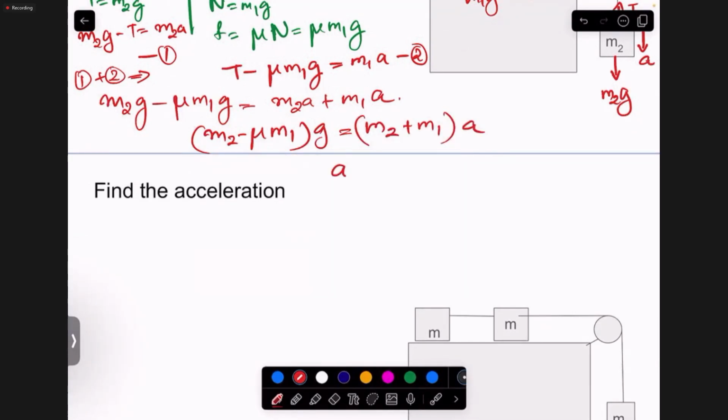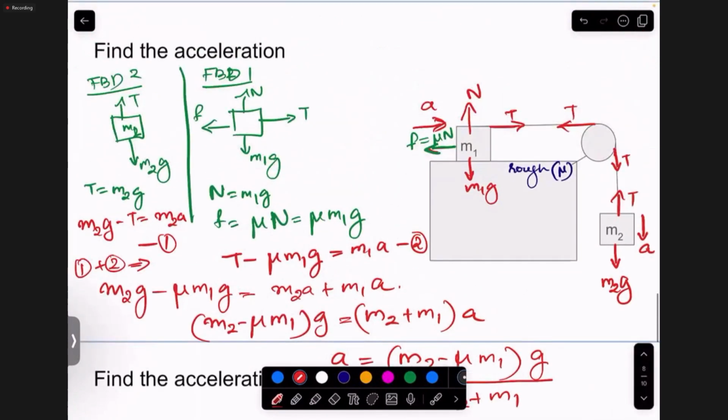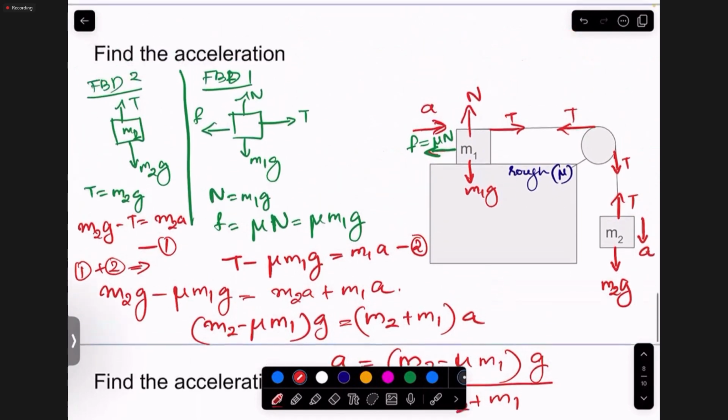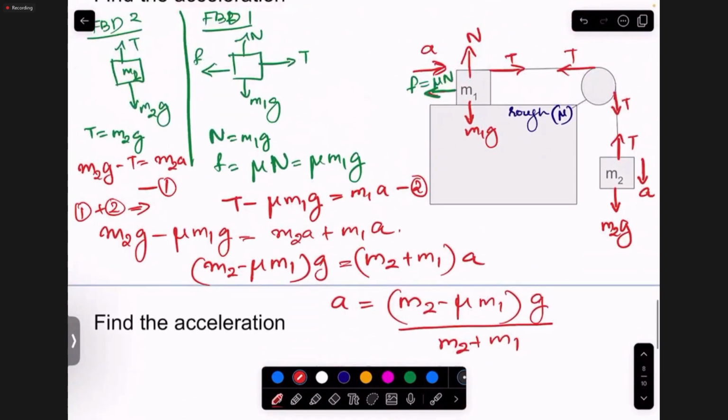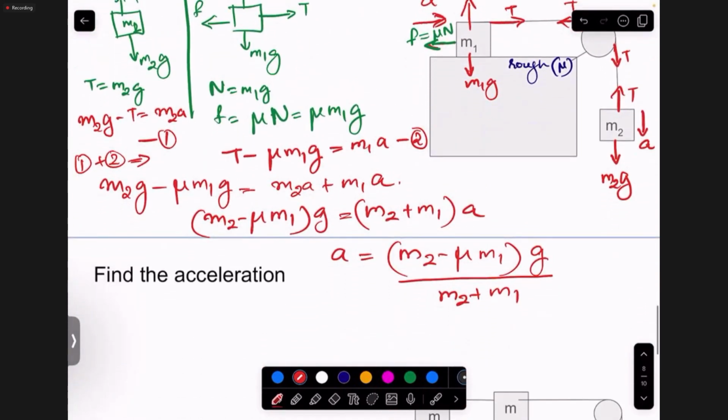So a equals (M2 minus mu M1)g by (M2 plus M1). That is the acceleration of the two blocks in the pulley system.